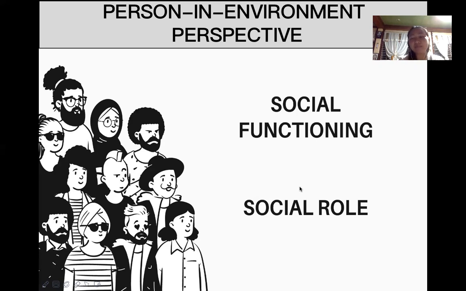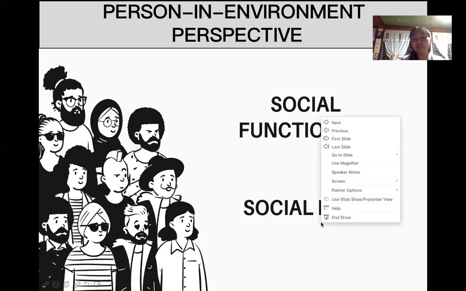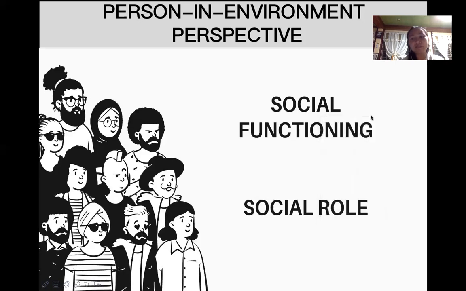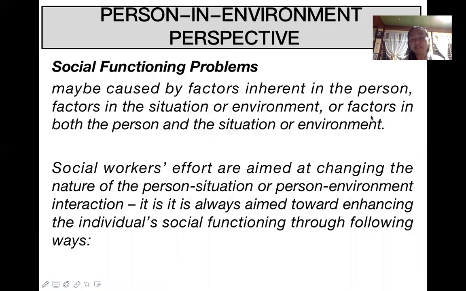Most of the time, it is when a person fails to fulfill that role that problems are created, and it will also have an impact on the life of other people, because when a person fails to do his or her role, the others have to take the burden. So their roles increase, and it will create problems or, for some people, opportunities, if we are to apply the strengths perspective, which you will discuss in your later session.